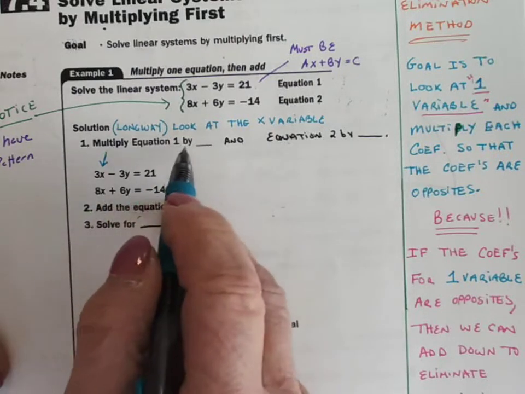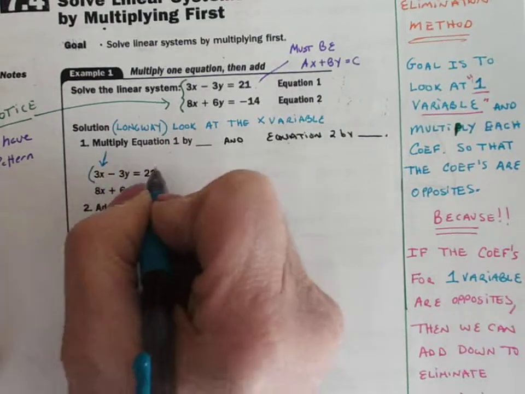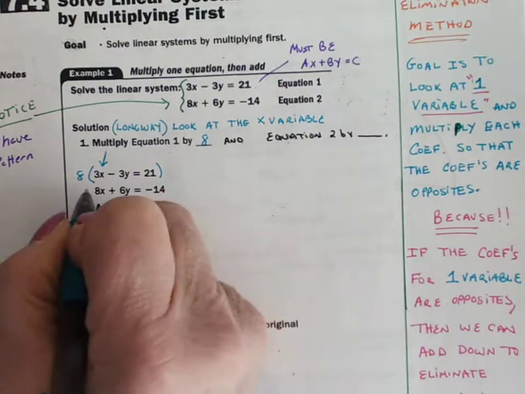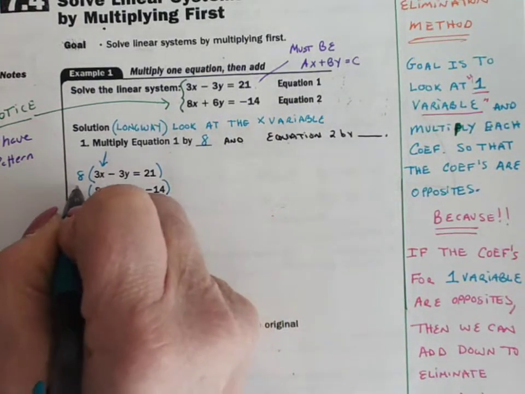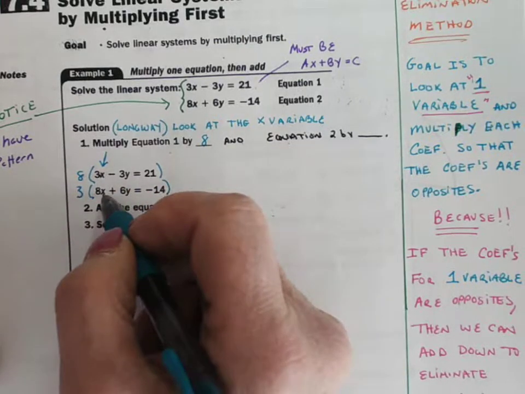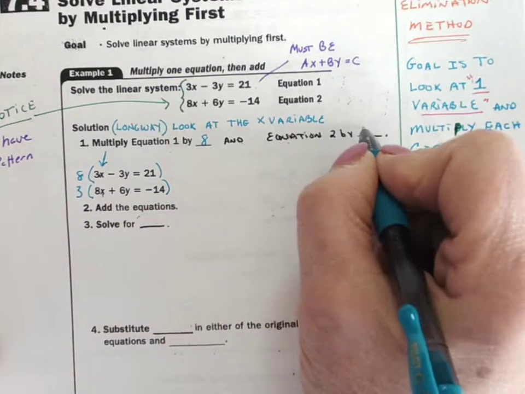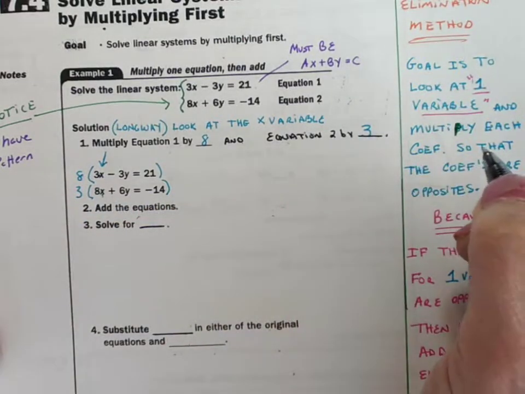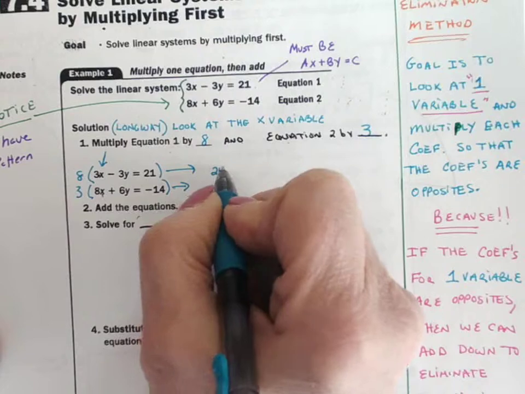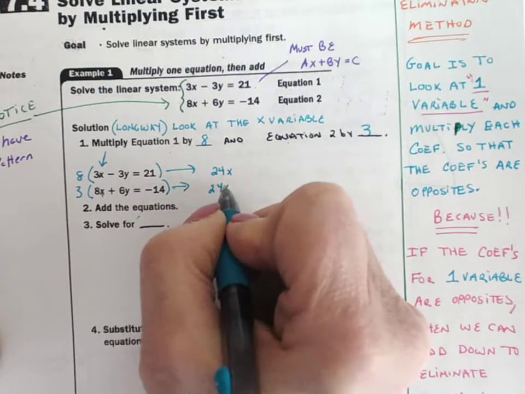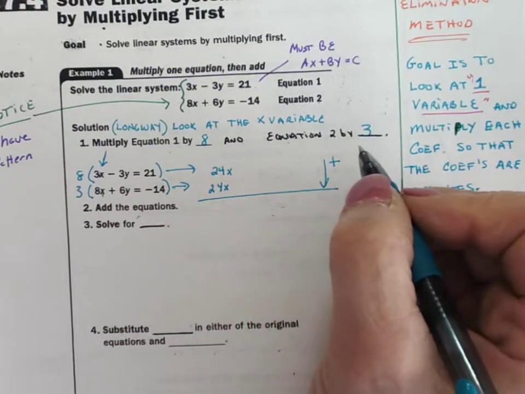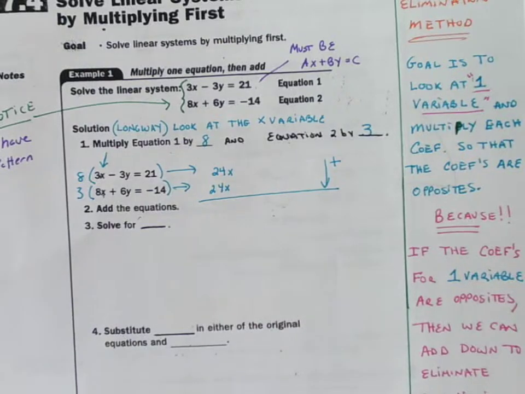So if we multiply equation 1 by 8 and equation 2 by 3, notice I'm just doing 8 times 3, and 3 times 8 is going to give me 24. So I have 24x and 24x. If I add down, are they eliminated? No, they're not opposites.